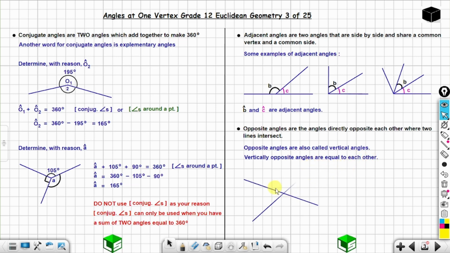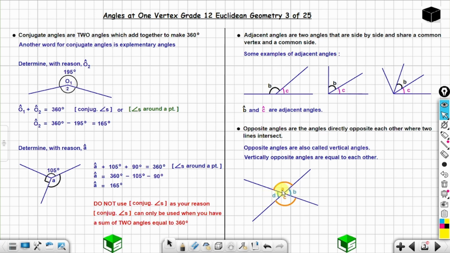Now, if you have two lines intersecting, let's call this angle A. This angle A is equal to this angle C. So these are vertical angles and they are opposite. You can also choose this, let's call it B. Angle B is equal to angle D. They are vertical, they are opposite.